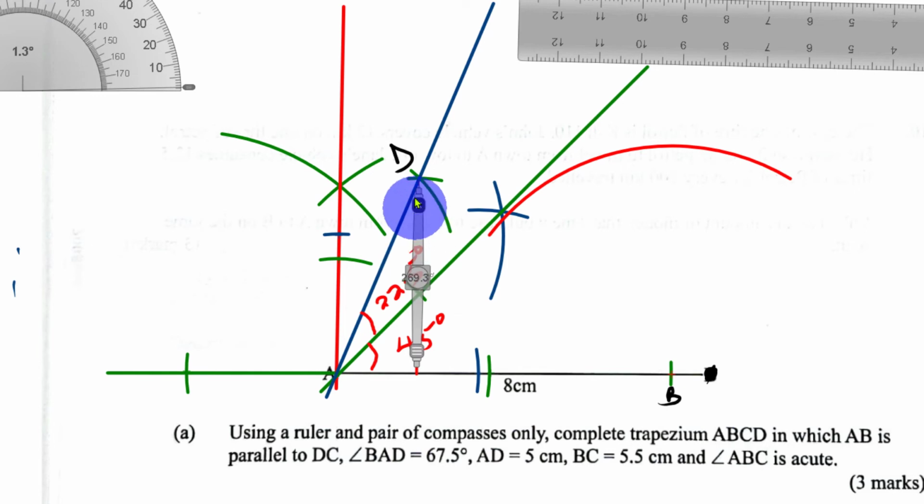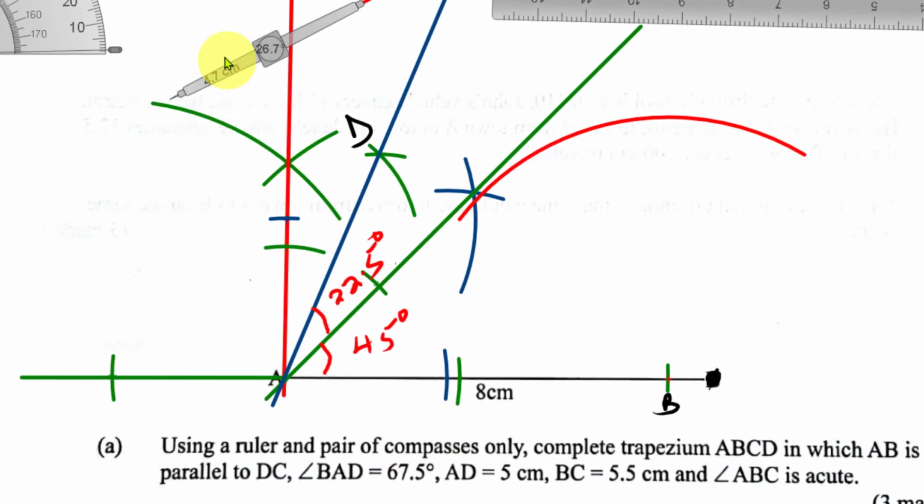So this distance between the two lines should be uniform. So I'll transfer this measurement here. So if I mark that point there, let me mark it. So that point, and remember this distance is the same.